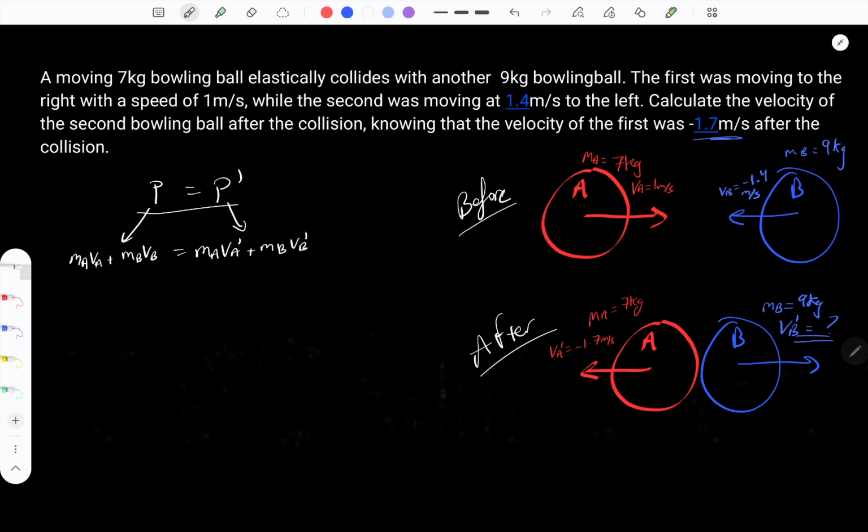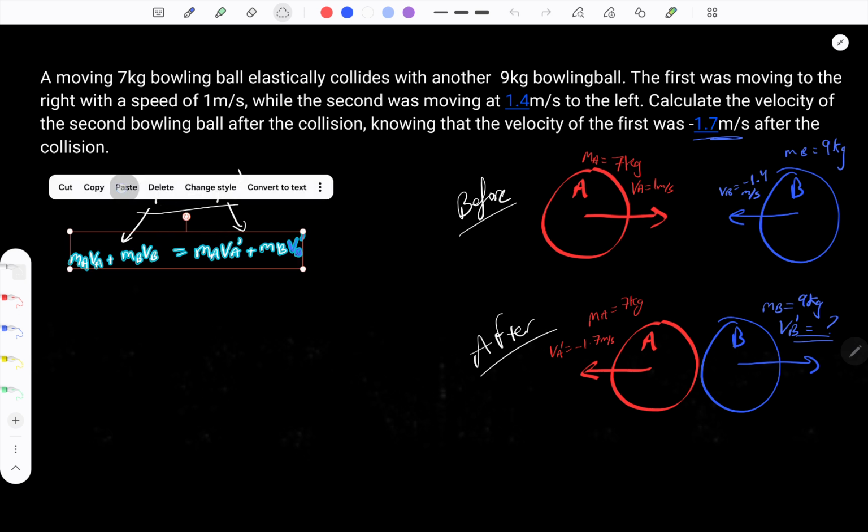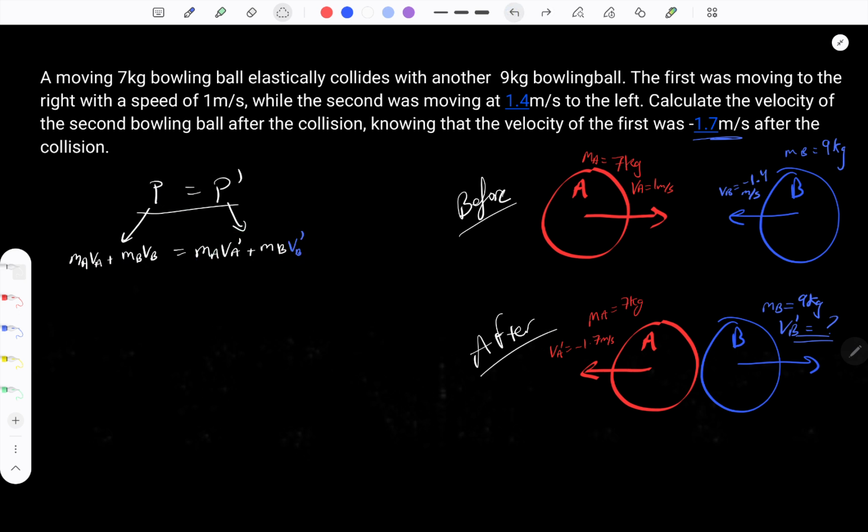Now what we want is VB prime, so I'm going to color that differently. I'm going to keep it in blue just to stay consistent. We want VB prime to be isolated. So we're going to move everything that is annoying it to the other side.